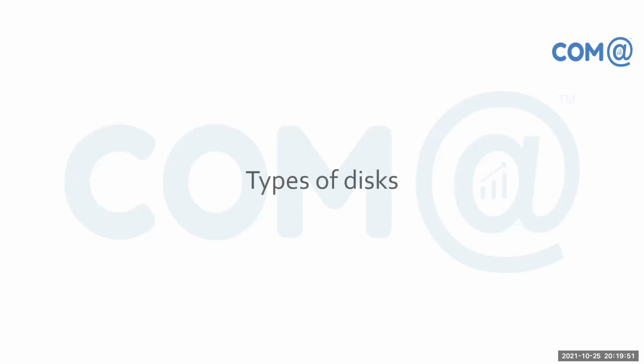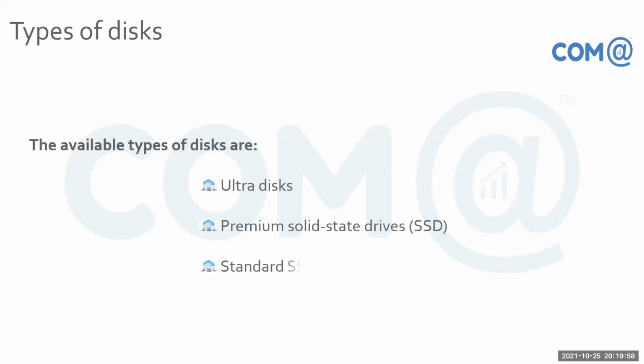And also we have different types of disks: ultra disk, premium solid state drives, standard SSDs, and standard hard disk drives. Standard hard disk drives are something like your regular magnetic disk.